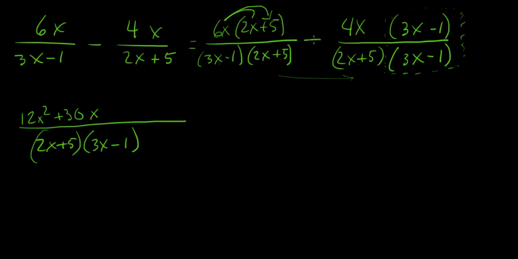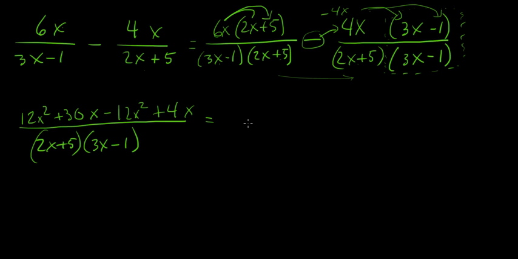Now I'm going to take this and match it up with my 4x. And so I have negative 4x times 3x, which is negative 12x squared, and negative 4x times negative 1, which is positive 4x.